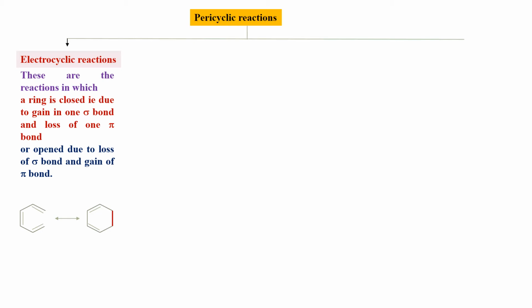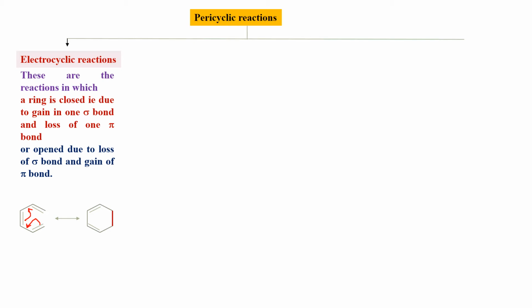The pi bond between the terminal and next to terminal carbon atom will be shifted between these two carbon atoms. This is, we can say, C1, C2, C3, C4, C5, C6.